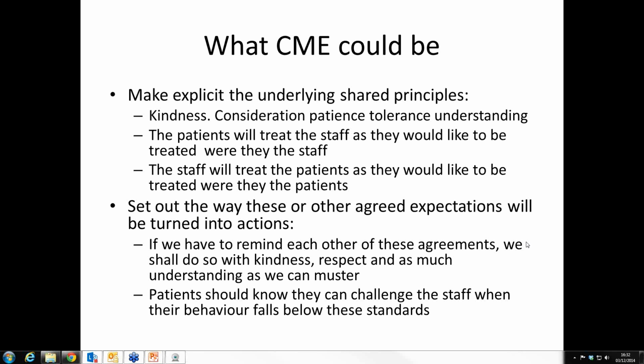I suppose the word challenge is a difficult one, isn't it? Patients can remind, or I don't know. Even in that language, do we need to be careful that we're not inviting some kind of conflict?